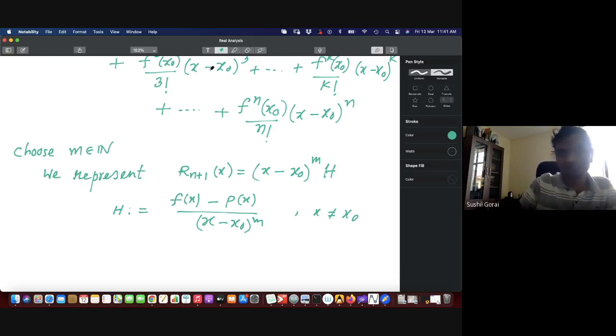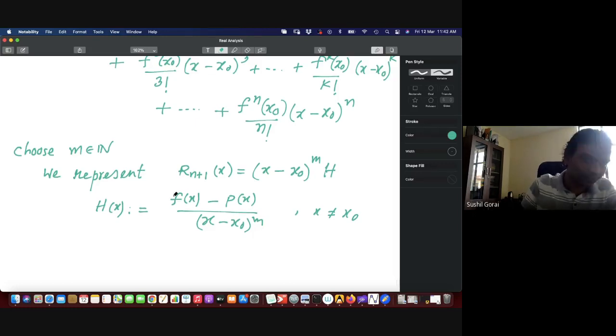This is what our definition is. We want to define a function h such that this is true. This is perfectly defined for x not equal to x naught, and for x equal to x naught we do not know, we'll see that. You just multiply with this part, and we get f x minus P x is x minus x naught power m times h. Is this clear?